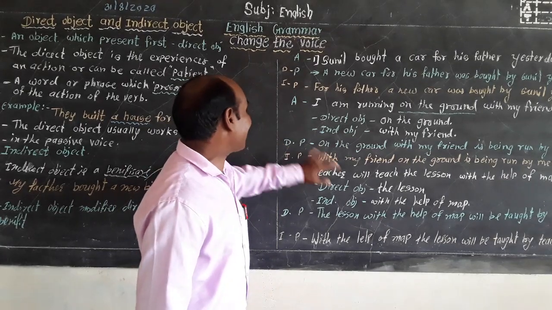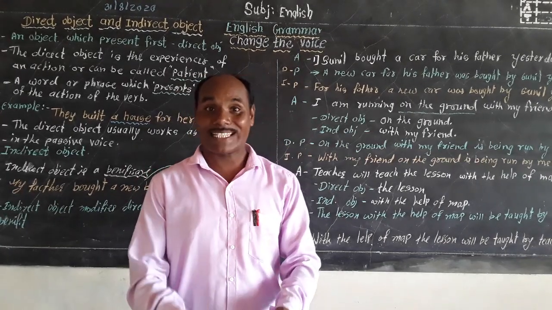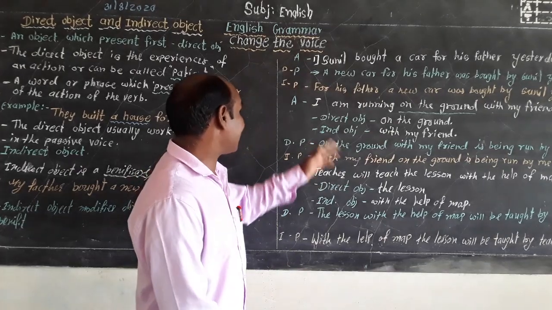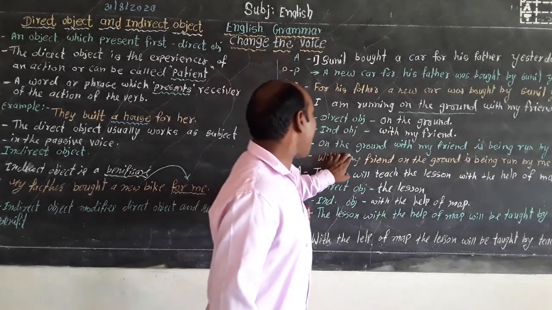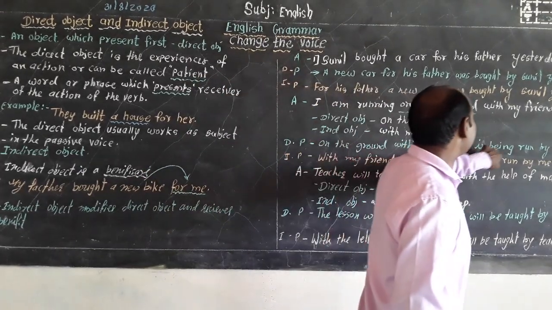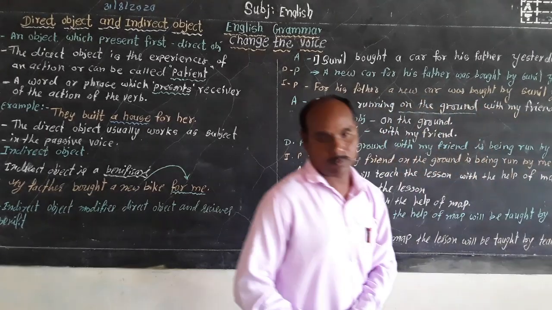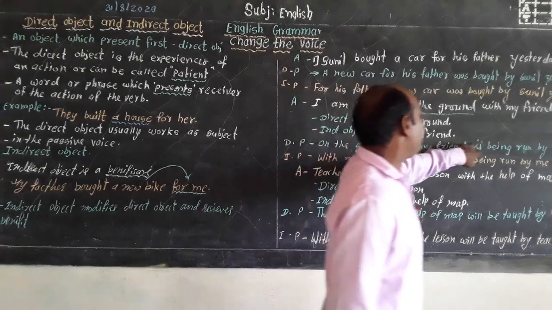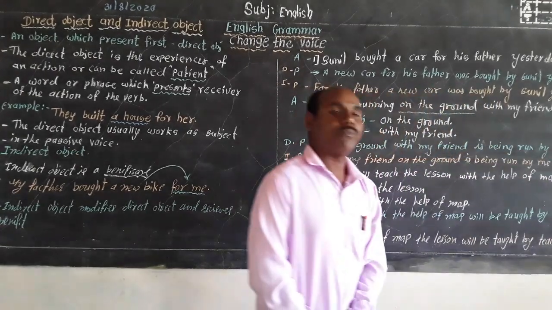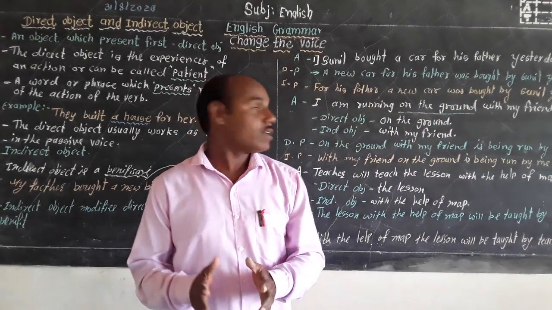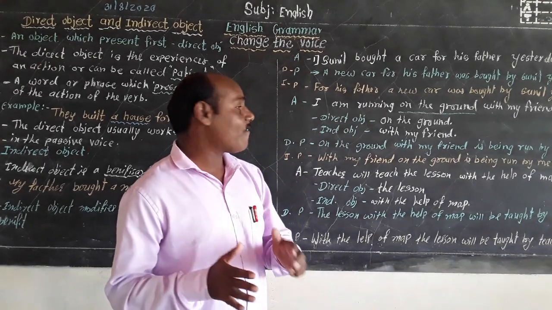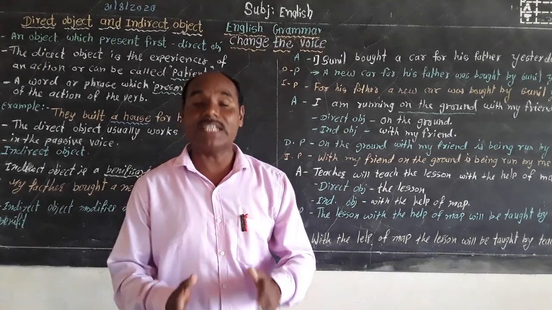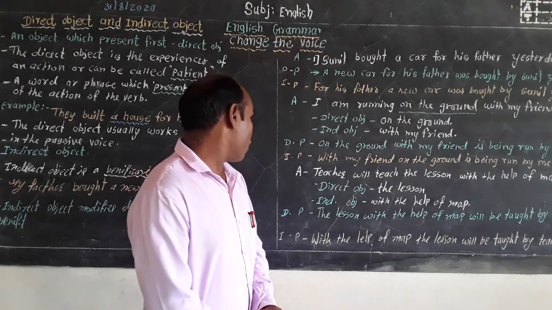Now let us see how the sentence can be prepared using the direct object: On the ground with my friend is being run by me now.